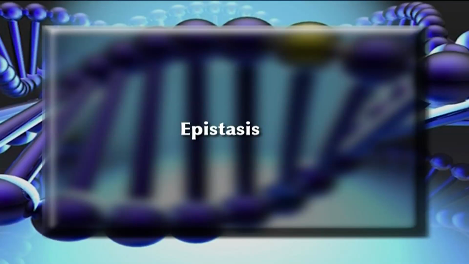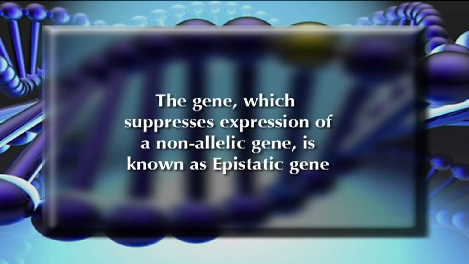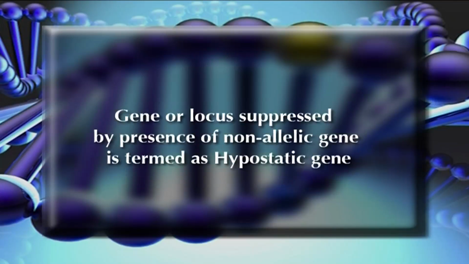Number 4 is epistasis. It is the phenomenon of masking or suppressing the expression of a gene by another non-allelic gene. The gene which suppresses the expression of a non-allelic gene is known as the epistatic gene. The gene or locus which is suppressed by the presence of a non-allelic gene is termed the hypostatic gene.